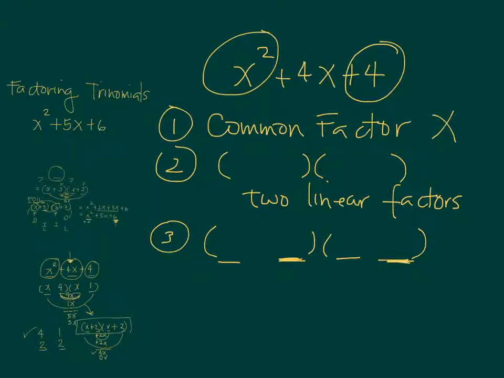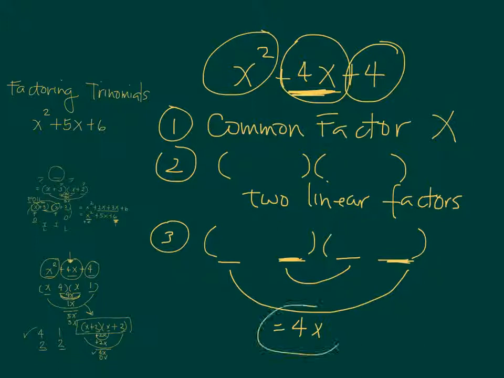For example, 4 and 1, and 2 and 2. Now to determine whether the numbers are correct, the middle term will be your guide. The sum of the outer and the inner should be equal to the middle term of the trinomial. If you can get that, then that means the factor should be correct.